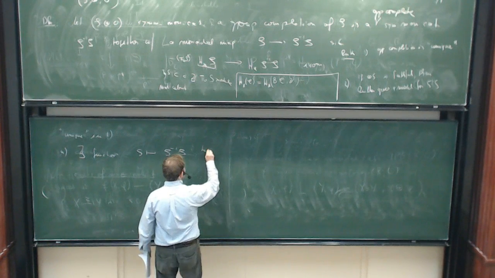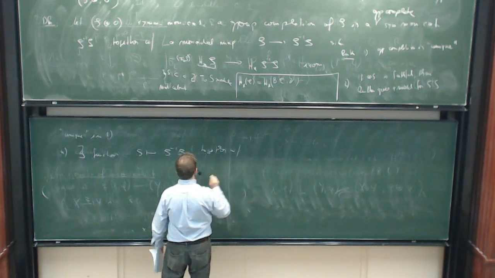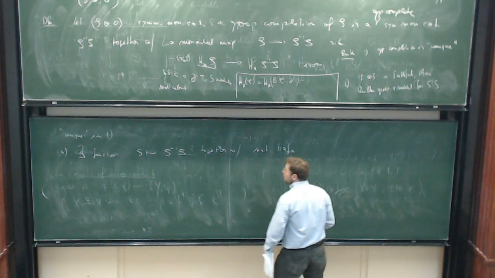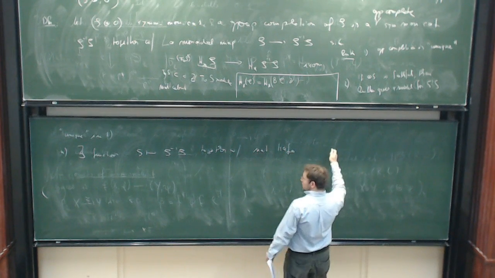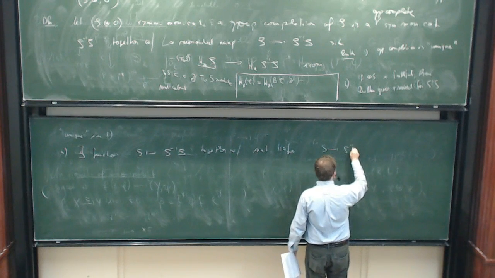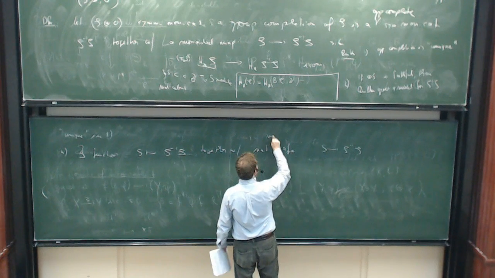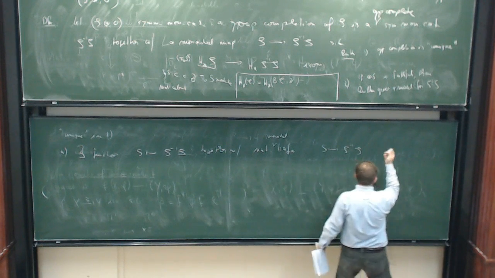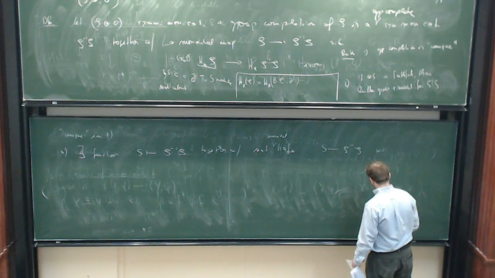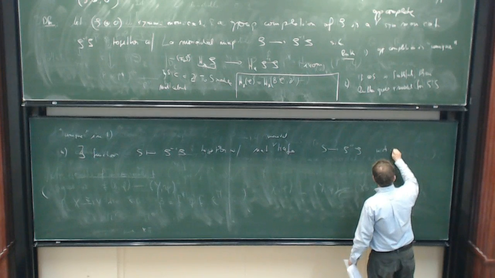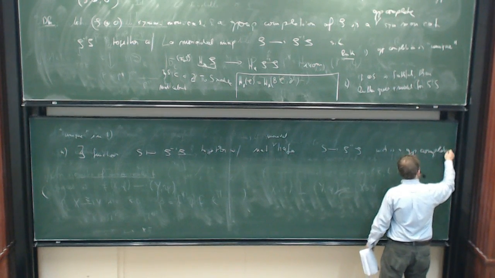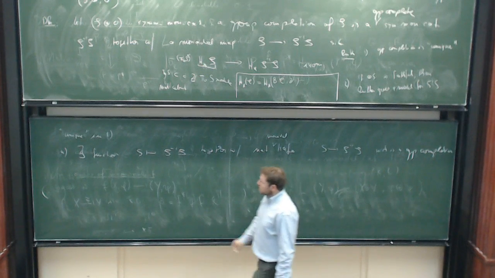Together with a monoidal natural transformation, which is a group completion. Okay, so this is Thomason.